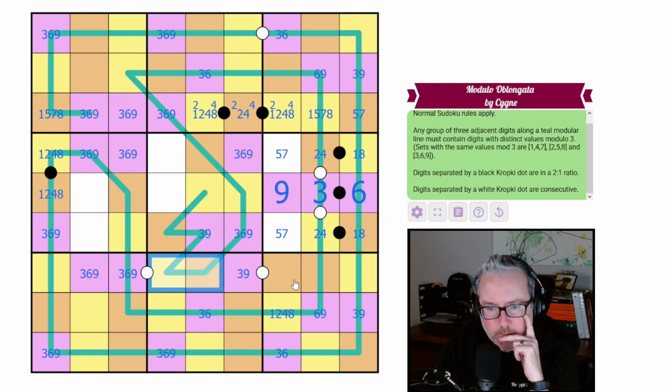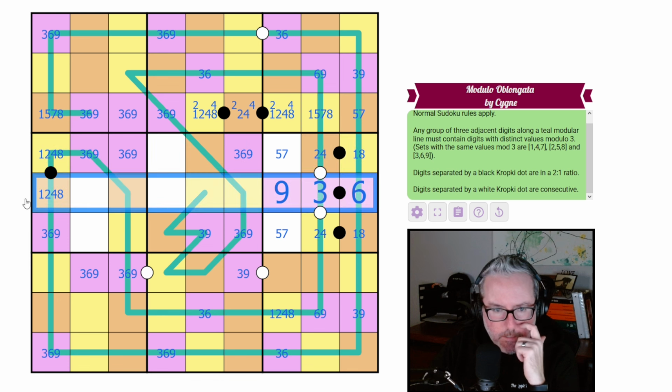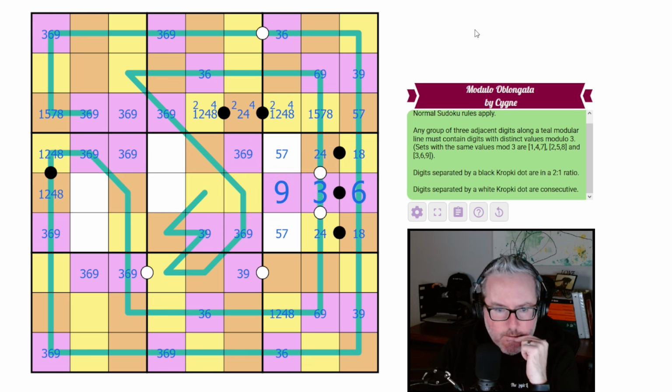Because these are two different coloring groups. Yeah, I can't figure out the combination of these, or the finalization of these colors, but I don't necessarily feel like that would actually tell us anything anyway.